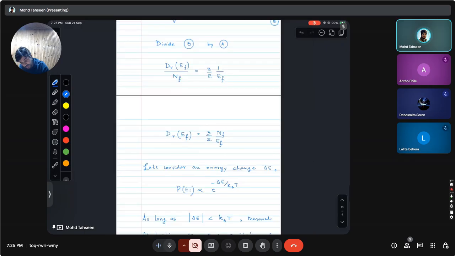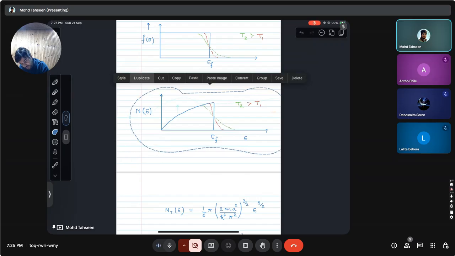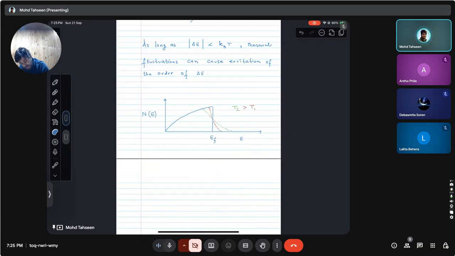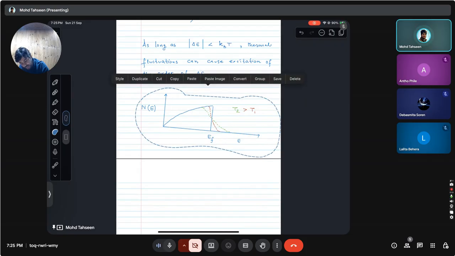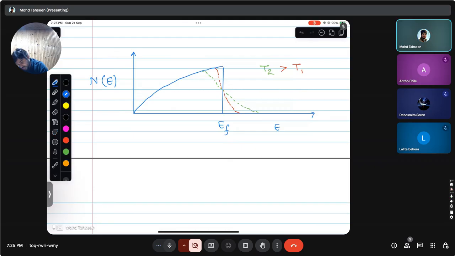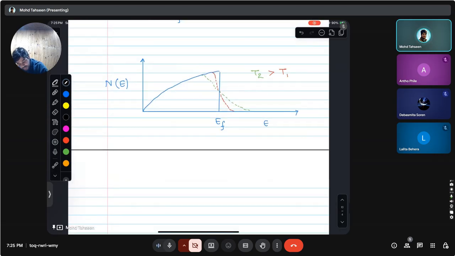let's revisit this graph here. This is the situation at 0 Kelvin, right? All this graph, all this equation says is that only the electrons which are kBT away from here can get excited.